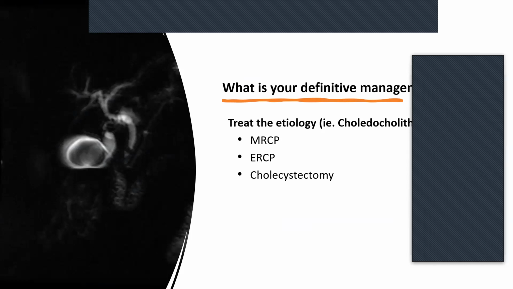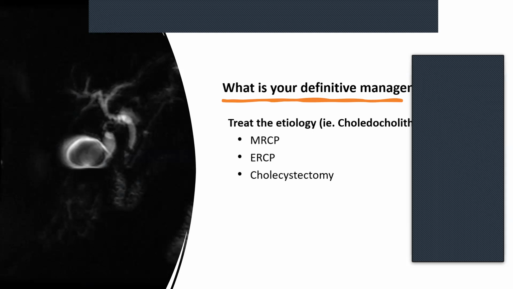So in this case, what would be your definitive management? As we saw earlier, the blood tests showed that this patient had quite deranged LFTs. So what would be most appropriate is to organize an ultrasound, which should show whether there's evidence of gallstone disease. Afterwards, to confirm if there's a gallstone stuck somewhere in the biliary tree, you would organize an MRCP.